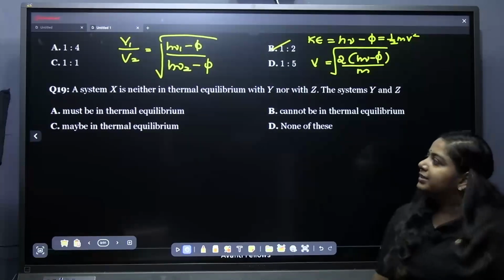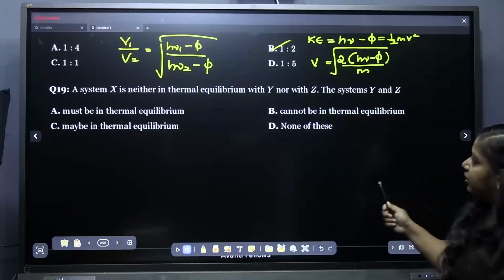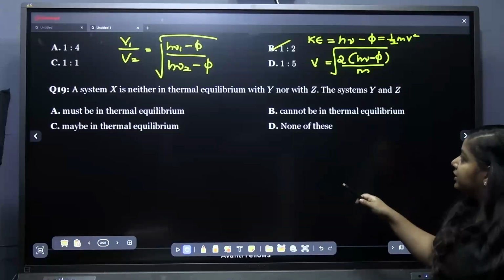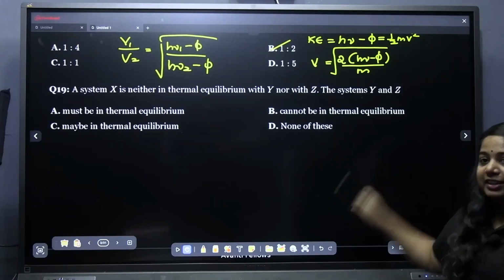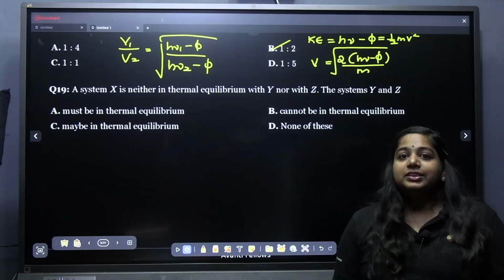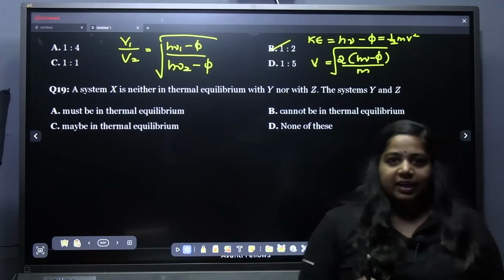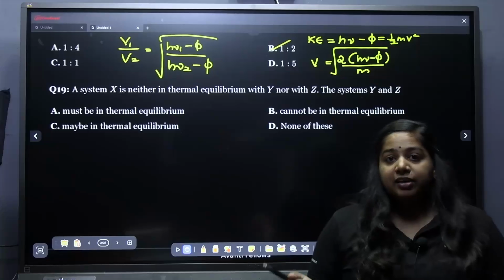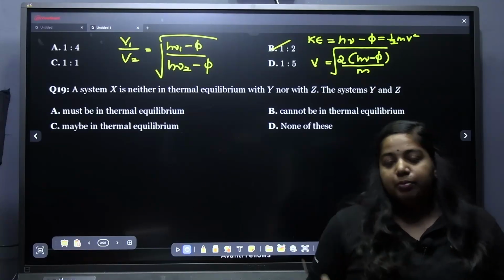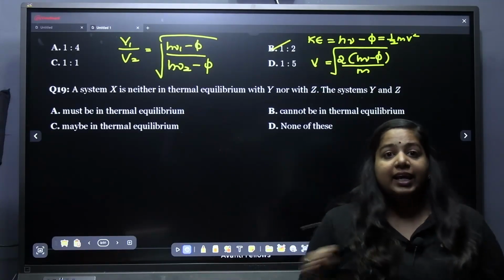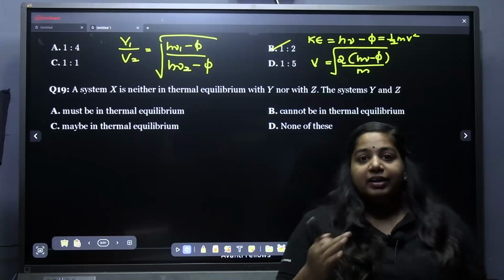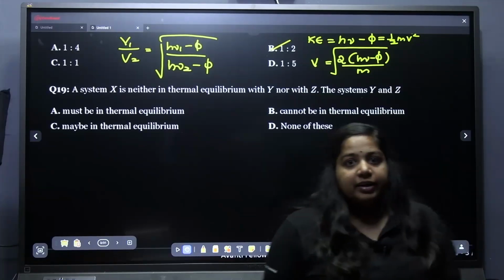Next, a system X is neither in thermal equilibrium with Y nor with Z. The system Y and Z. So this is from the zeroth law of thermodynamics. Zeroth law states that if a system C is in equilibrium with A and in equilibrium with B separately, then A and B are in equilibrium. But the reverse is not necessarily true.